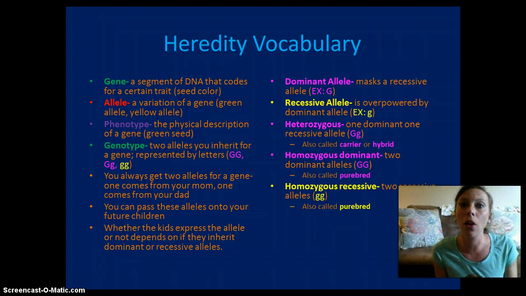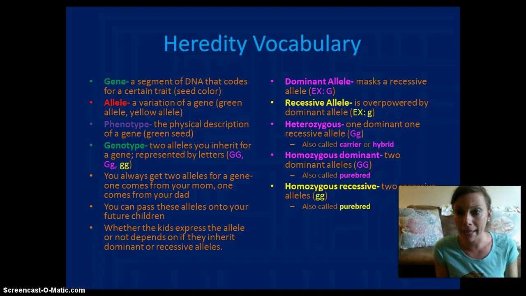Heterozygous or heterozygotes are going to be one dominant gene and one recessive gene. So big G, little g. This is called a carrier or a hybrid because they're a mix of both alleles. Homozygous dominant are represented by two capital letters. So two capital letters represent dominant alleles. They are called purebred, so big G, big G. And the homozygous recessive is going to be two lowercase letters.